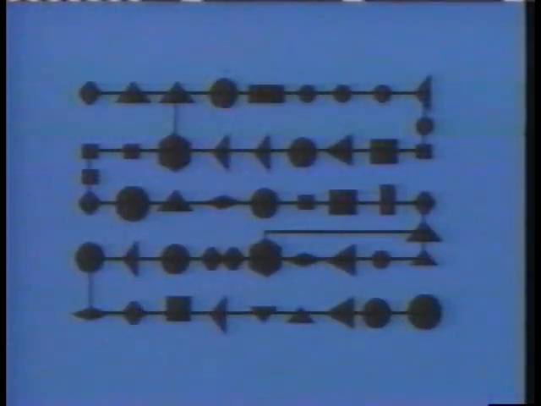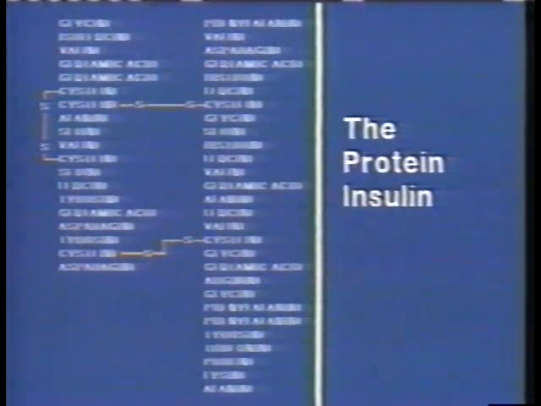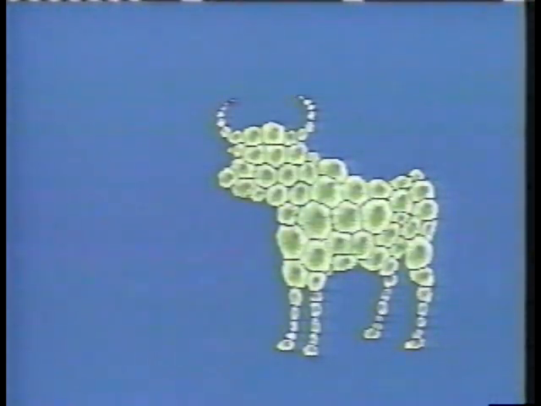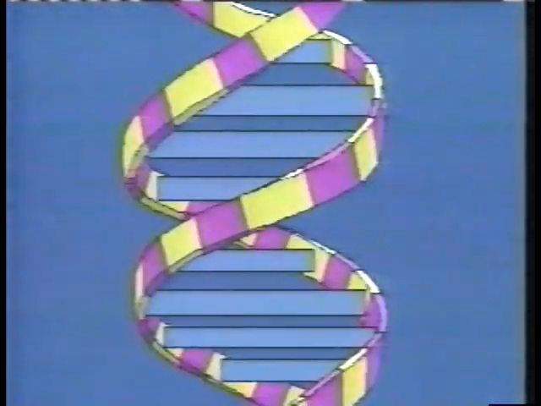In this way, amino acids are linked in proper sequence to produce a protein such as insulin. These proteins, manufactured by the cell's machinery, are the very stuff of life, determining both the form and function of the organism. So the DNA code is the essence of life.